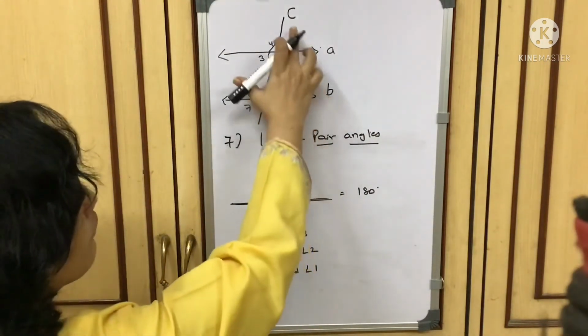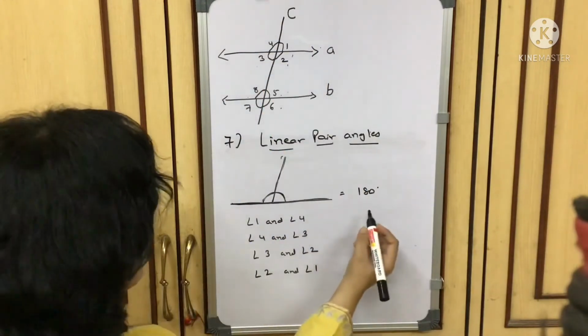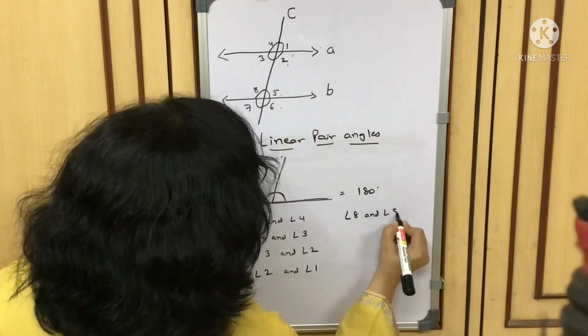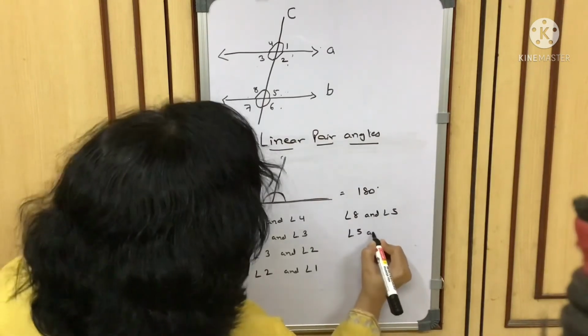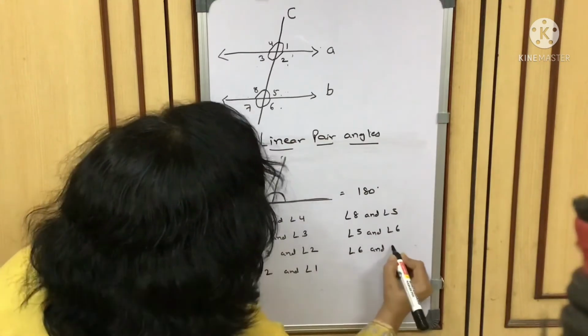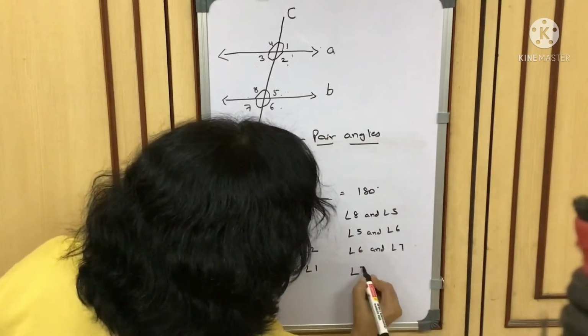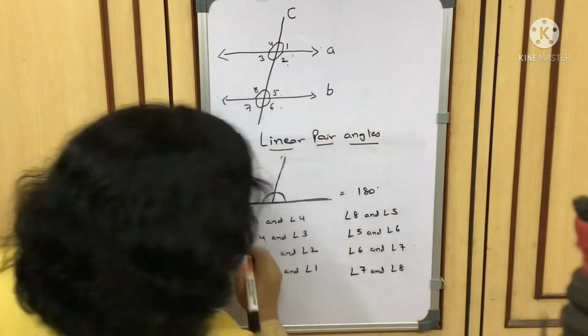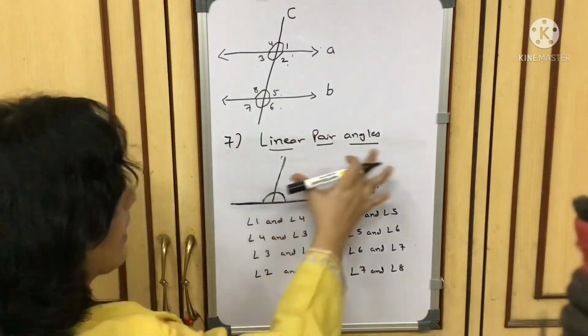This is the first part. Now the second one is angle 8 and angle 5, angle 5 and angle 6, angle 6 and angle 7, and angle 7 and angle 8. These are the 8 pairs of linear pair angles.